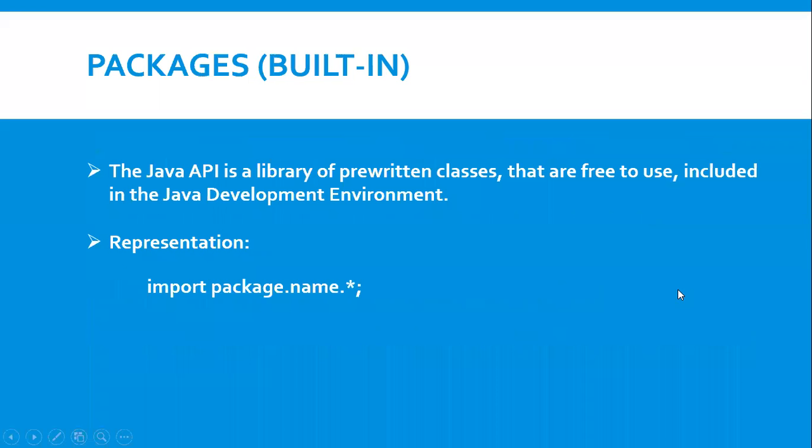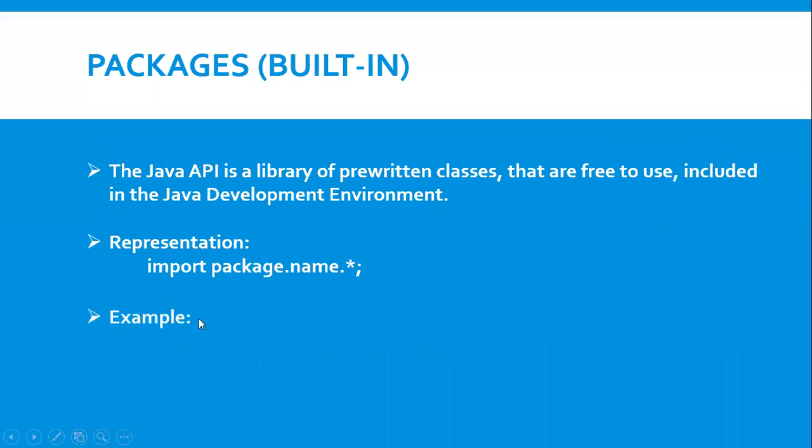We have already seen some built-in packages. This is the sample syntax of importing a package: import package name dot the class or subpackage dot star. The star represents all the classes and interfaces in this package and subpackage, which will be deployed in your program automatically. That is the meaning of the star convention. Generally, you create classes and interfaces inside a package.